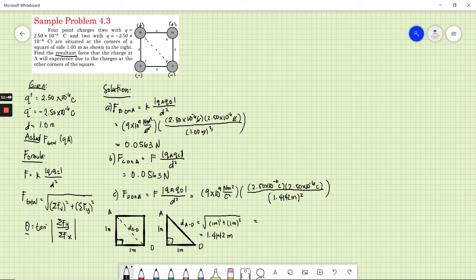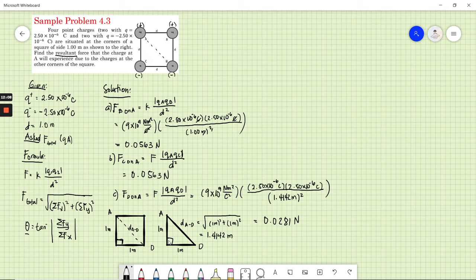If you put that on your calculator, you would get that FD on A is equal to 0.0281 newtons.